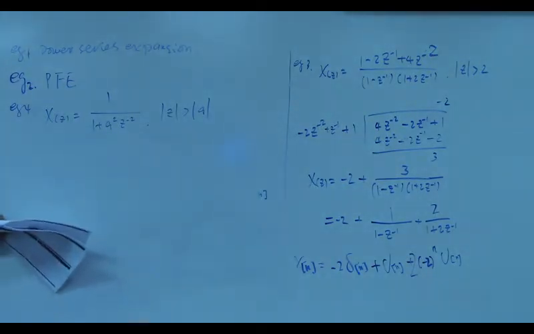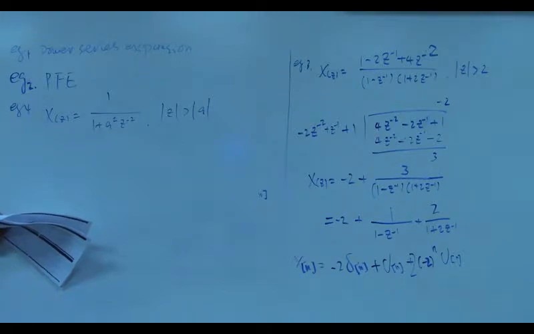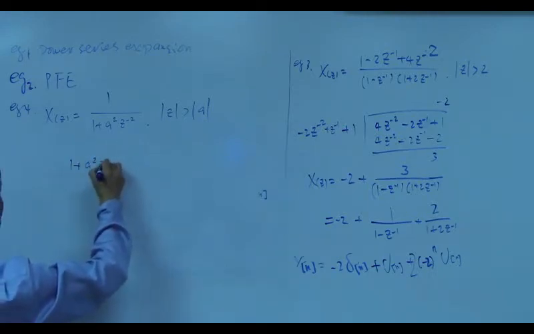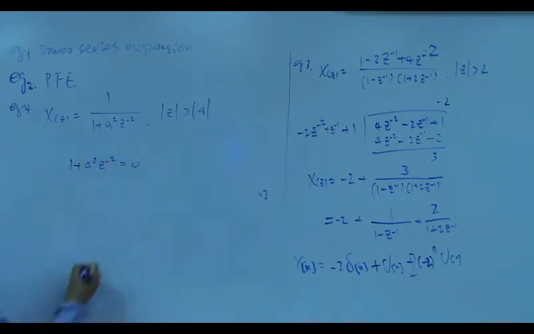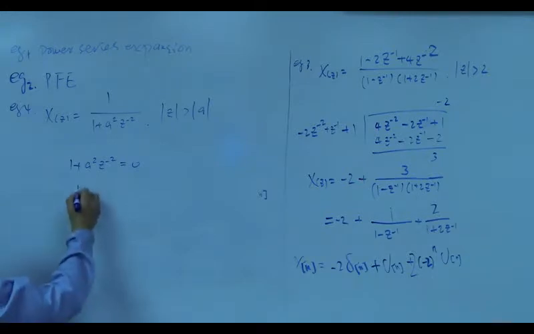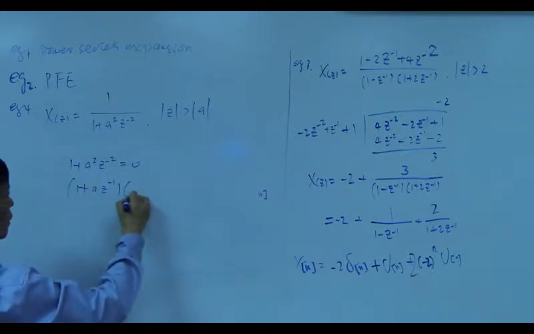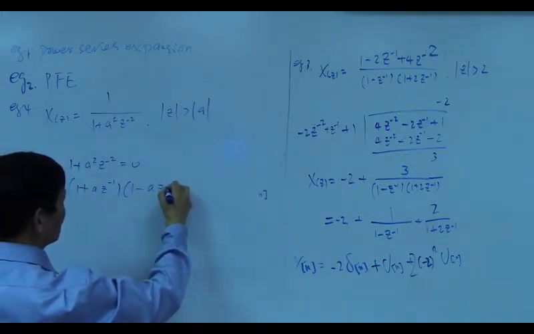For this one, looks like we are going to again determine the roots, and we are going to factorize the denominator. So 1 plus a squared z to the negative 2 equal to 0. So this is 1 plus a z to the negative 1, times 1 minus a z to the negative 1.